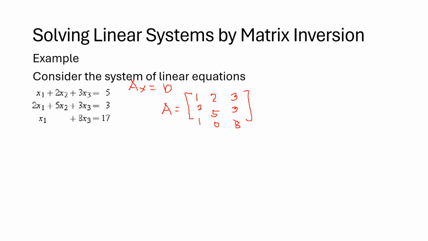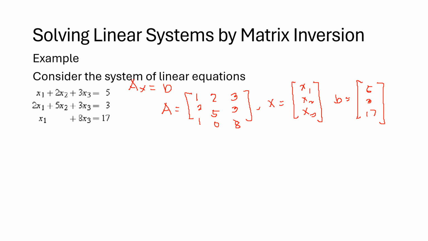Our x would be x sub 1, x sub 2, x sub 3, and our b would be 5, 3, 17.